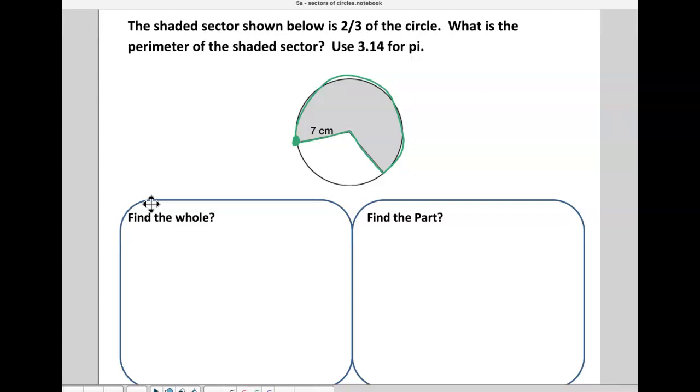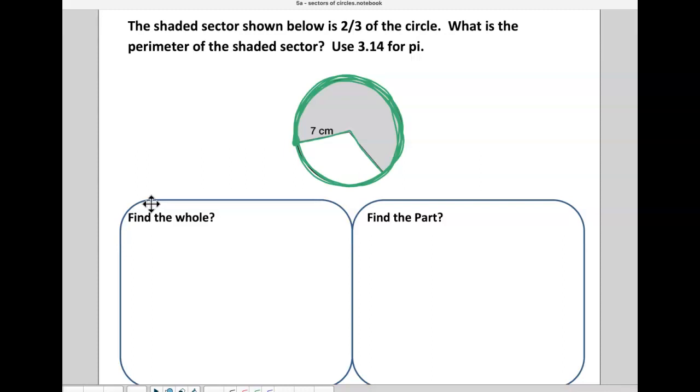Okay, do I have a formula to find just this? I don't think so. Can I find all the way around the circle? If I want to find all the way around the circle, what do I do?